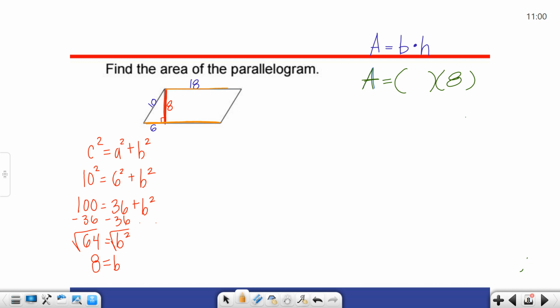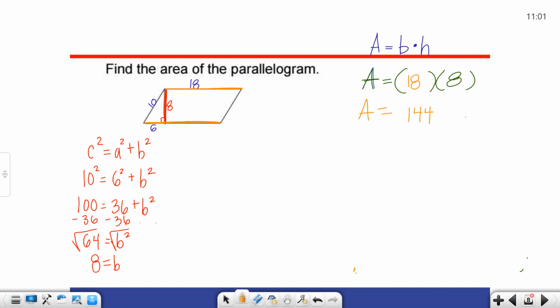What I know about a parallelogram is that the opposite sides are equal. So if that top one is 18, that means the bottom one is 18 as well. Okay, if I put that in my calculator, I'm going to get 18 times 8, which would be 144.